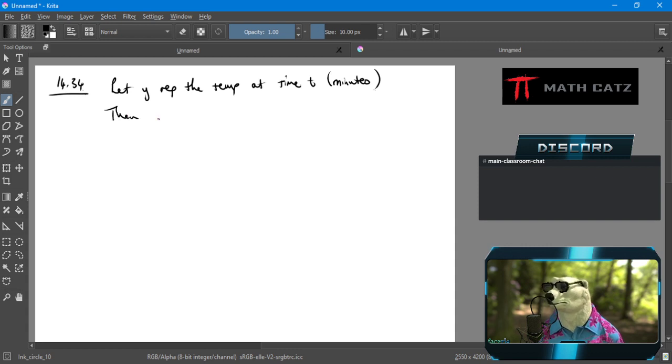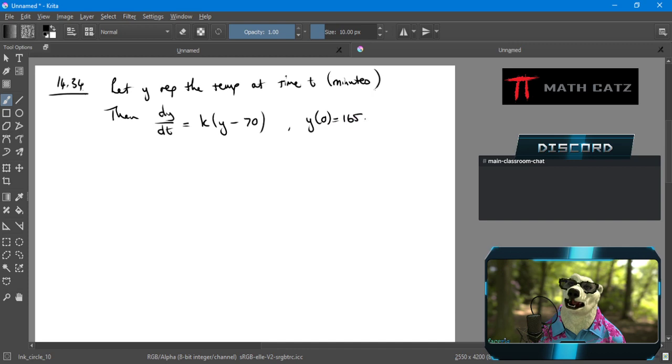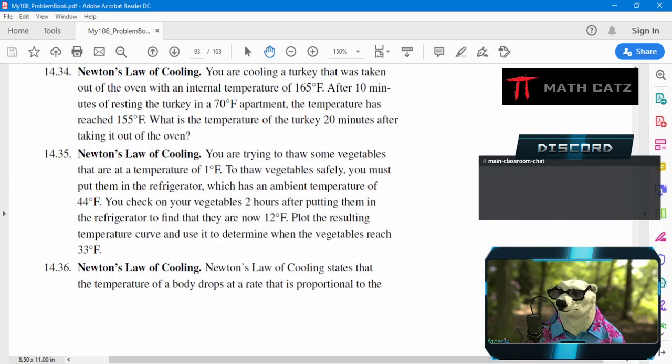Then my rate of change, according to Newton's law of cooling, is going to be the temperature of the turkey minus the 70 degrees surrounding temperature. And my initial temperature was 165.